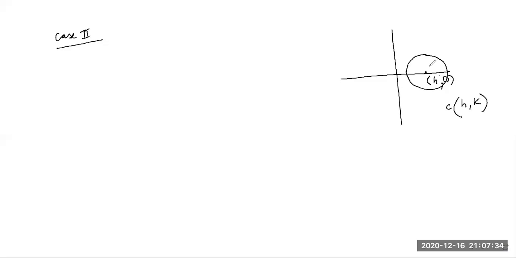So very simple. Let's imagine a point on the periphery of the circle as x, y. Can you tell the equation of the circle? It will be x minus h whole square plus y minus k whole square, where k is 0, is equal to r square.